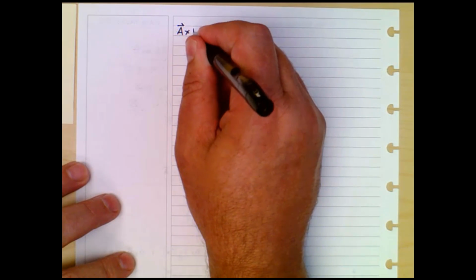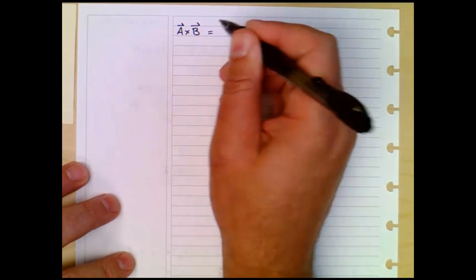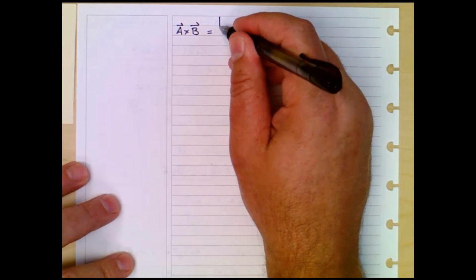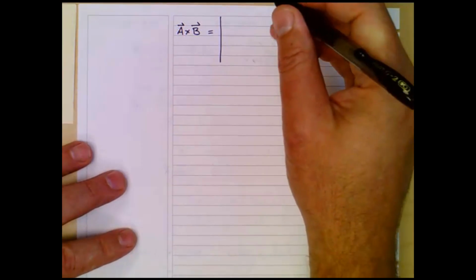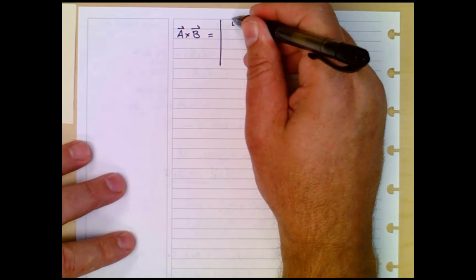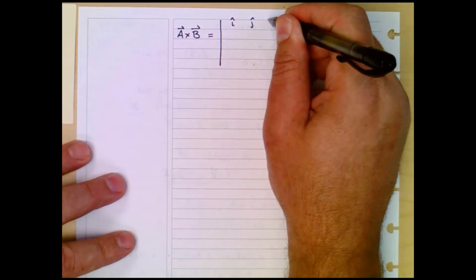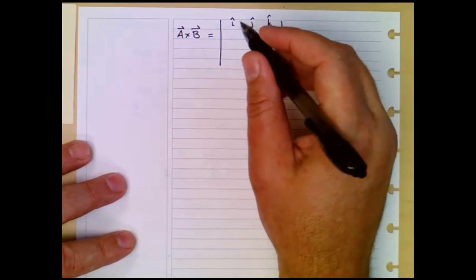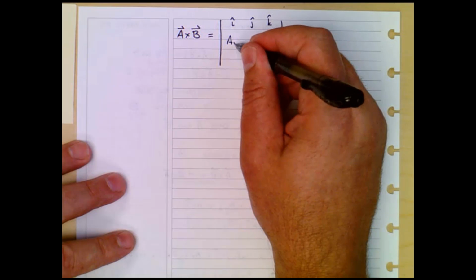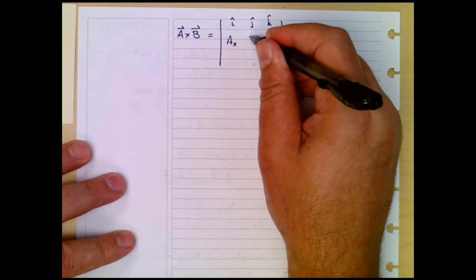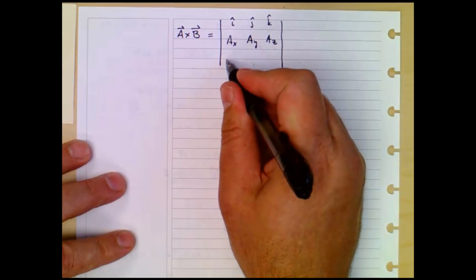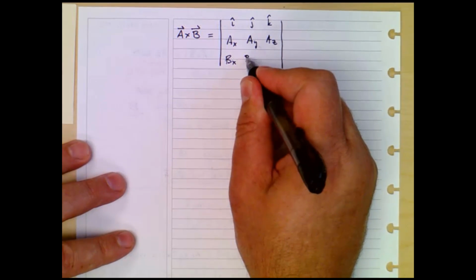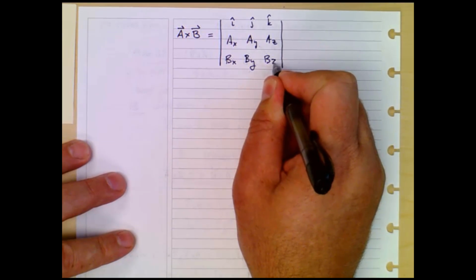So A cross B is equal to the determinant of a 3 by 3 matrix, where the first row is I hat, j hat, k hat. The second row is the first vector written in component notation, AX, AY, AZ. And the third row is likewise BX, BY, BZ.